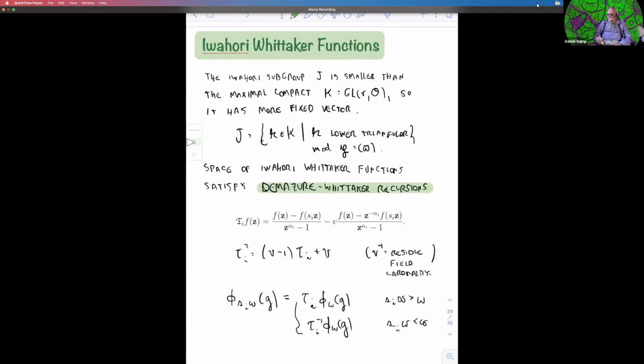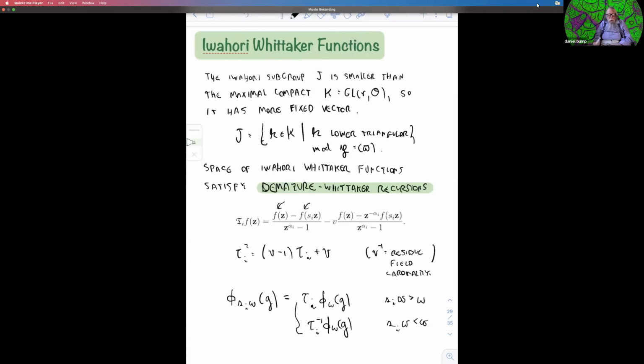They're obtained by applying these Demazure-like operators. They're divided difference operators, given by this formula. So f is some function of the spectral parameters. I subtract f of, apply a simple reflection, then I divide by something. This is guaranteed to be divisible by this, and so is this other term.